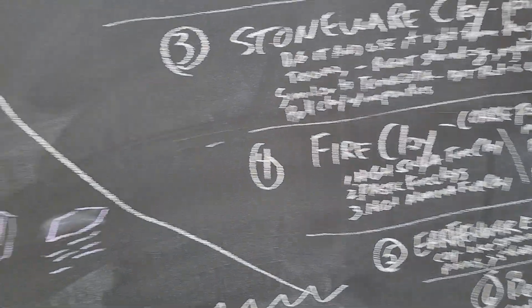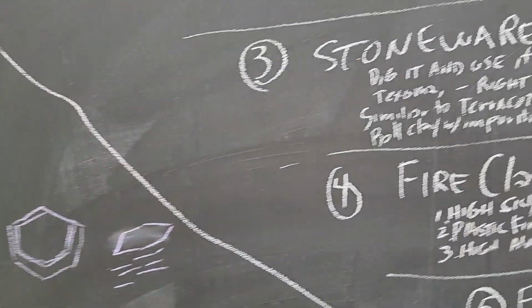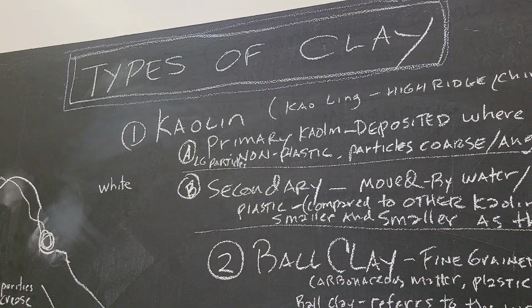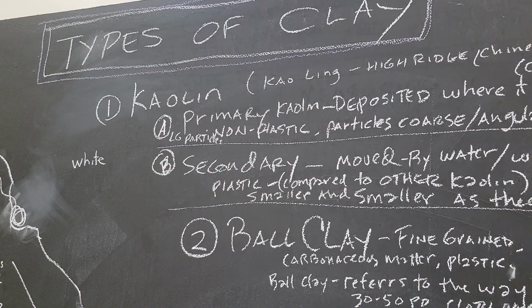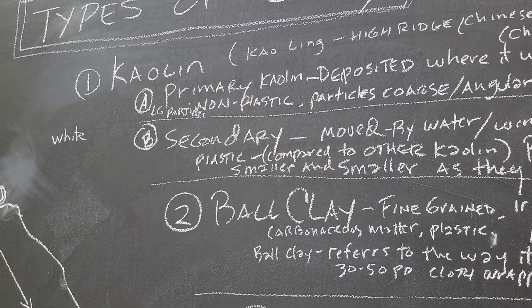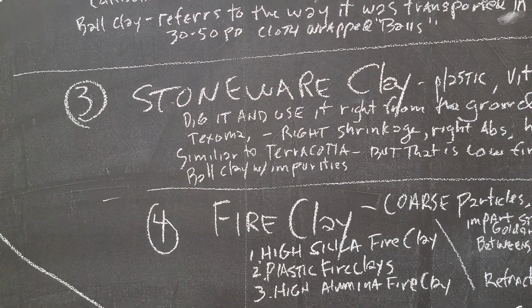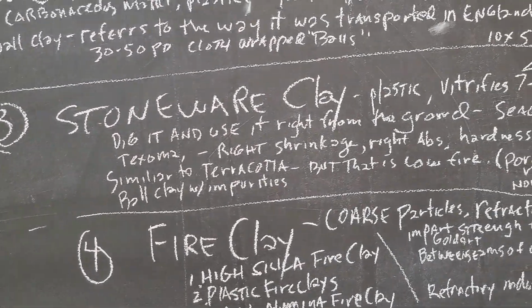All right, let's talk about stoneware. As this erodes more, we're going to come to another category of clays. Now remember, these are not clay bodies. These are clays that we would use to make a clay body, and we'll talk about that later. So stoneware clay is the next category.